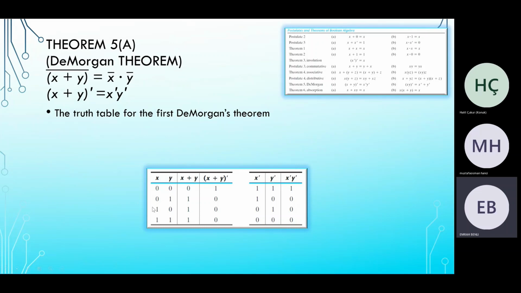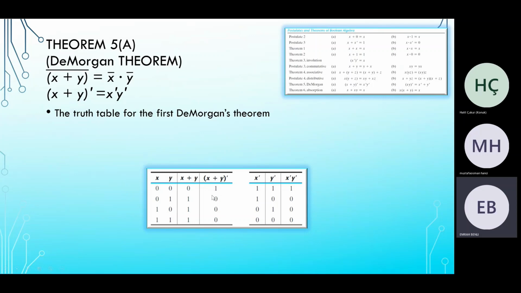So 0, 1, 1, 1, because none of them is true in the first row. If we want the complement of x or y, we just take the complement of this output: 0 to 1, 1 to 0, 1 to 0, 1 to 0. So we convert it to this form.